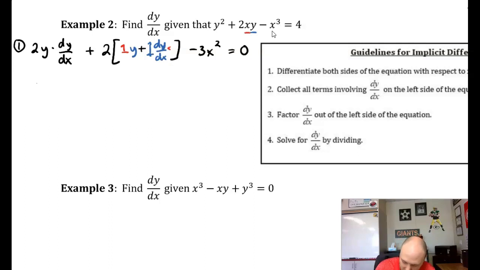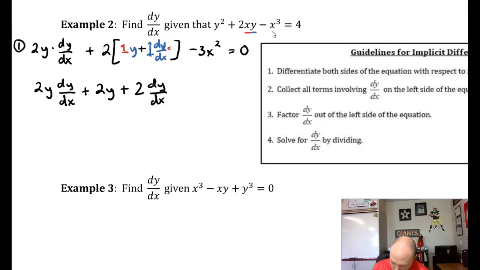So this is 2y dy dx plus 2y plus 2 dy dx. Oh, there's an x there too. 2x dy dx minus 3x squared equals 0.